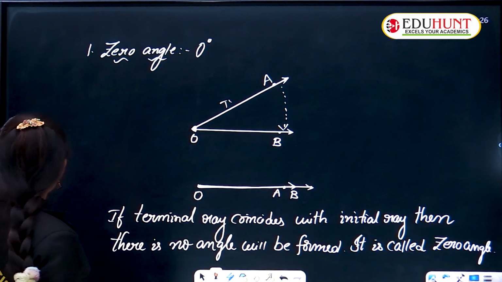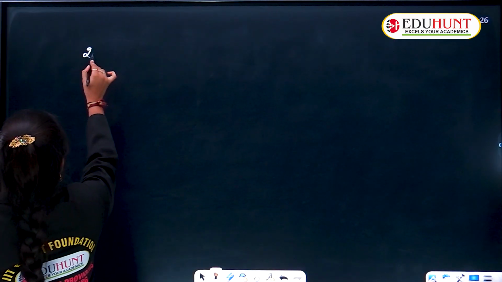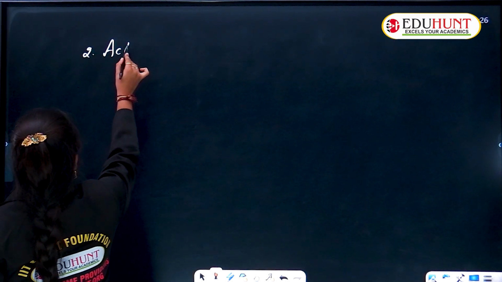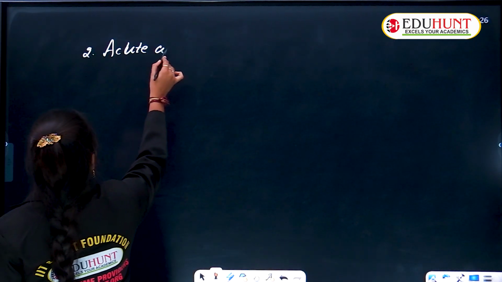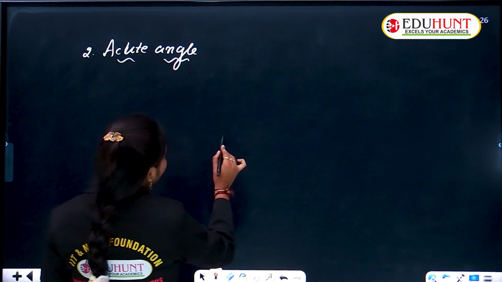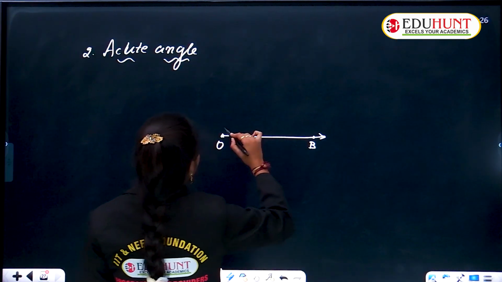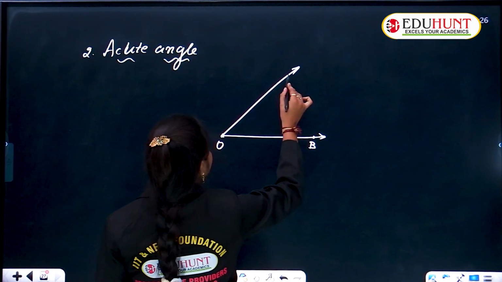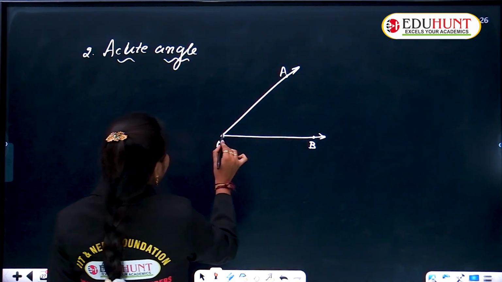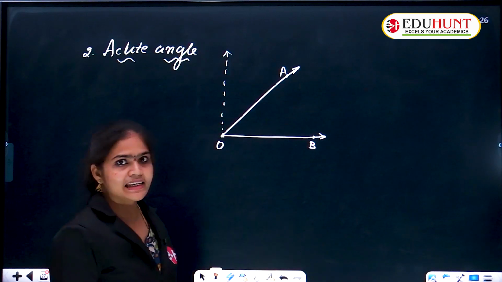Understood? Now see the second one, acute angle. Acute angle means, see, this is OB, this is OA. Actually this is 90 degrees. This is a 90 degrees angle.